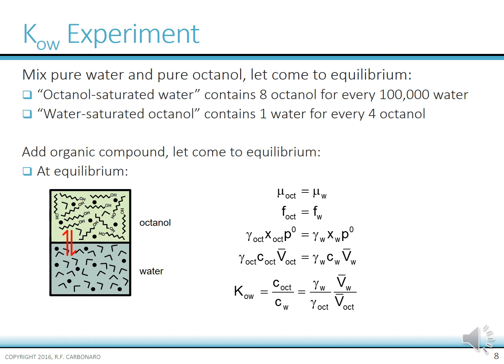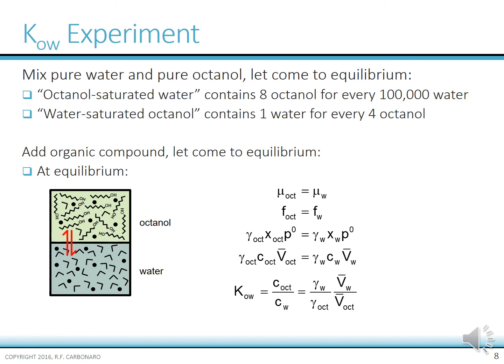So we know that once we reach equilibrium, the way we describe it, with our approach that we've been using time and time again, is we equate the chemical potentials in both the octanol and water phases, and that's akin to equating the fugacities, or the fleeing potentials, or the fleeing ability of the chemical in the octanol and in the water phase.